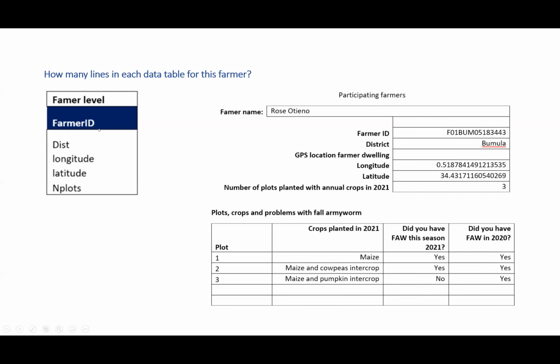Remember that the farmer ID level has the farmer ID, the district, the longitude, latitude, and number of plots. How many records? Maurice, you say 5 records on that table. 6 from the number of Aldo, it is not for all of them, but for this, from this form here, from the form that you are seeing on the screen.